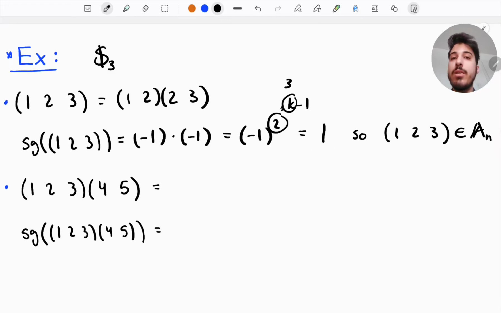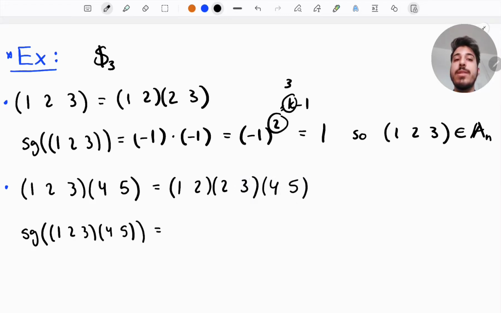Let us look now into another example, which is (1 2 3) composed with (4 5). So we will treat each cycle separately. We treat (1 2 3) first, and we treat (4 5), and then we combine them together. So (1 2 3) is again (1 2)(2 3), and (4 5) is just (4 5).